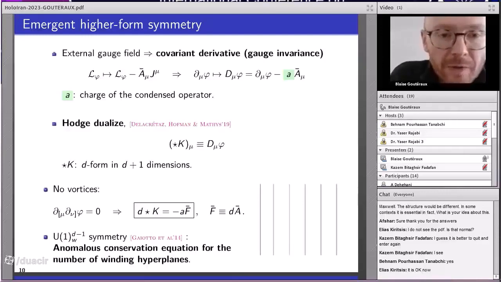Then when we act with a derivative on star K, the commutator d d phi vanishes, but the antisymmetric dA term does not vanish, so that gives the field strength of our background gauge field. That gives rise to an anomalous conservation law, d star K equals minus a star F.